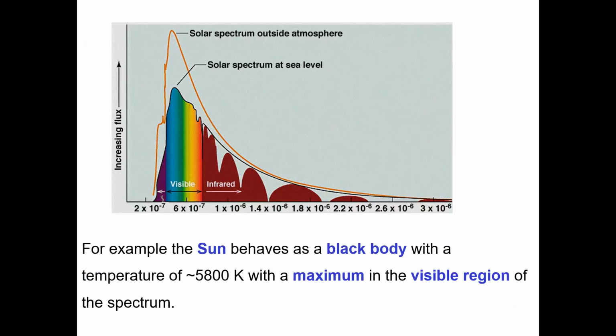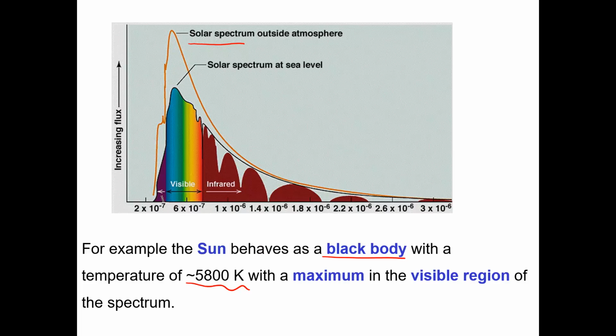So this is the black body curve for the sun. It's often referred to as the solar spectrum. The sun behaves as a black body that has a surface temperature of around about 6,000 Kelvin.